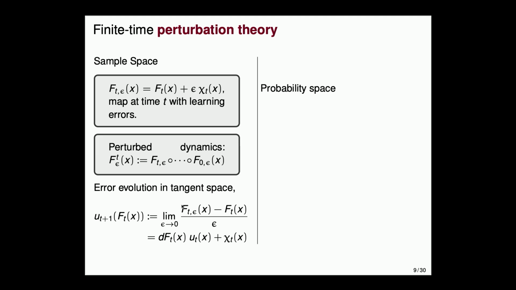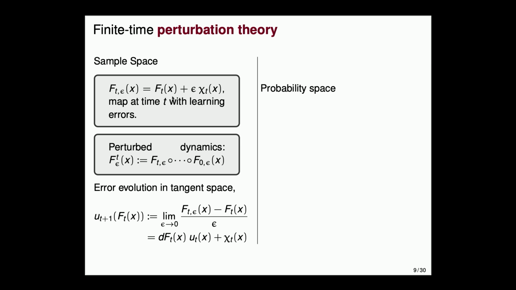It is how much, if you are at some x at time t, and you apply the perturbed dynamical system minus the original dynamical system, what is the difference? That is given, if you do Taylor expansion of Ft assuming smoothness, by the Jacobian of Ft multiplied by this vector field. So this vector field ut tells you the direction in which errors are moving because you have made an error in the original dynamical system. I hope this is clear.